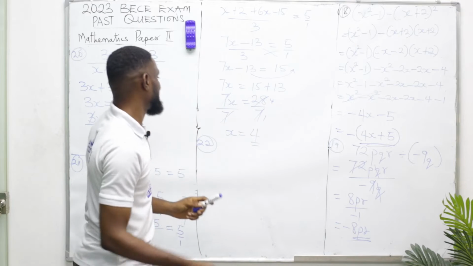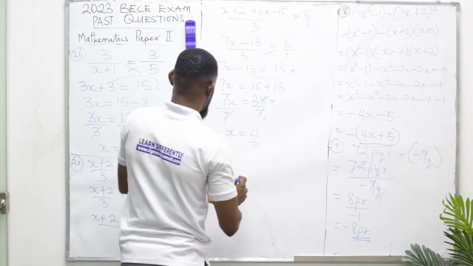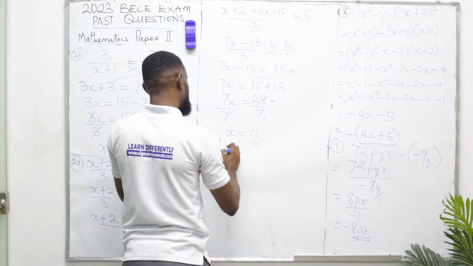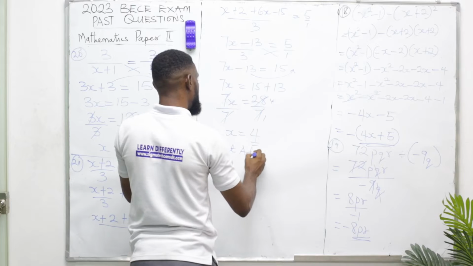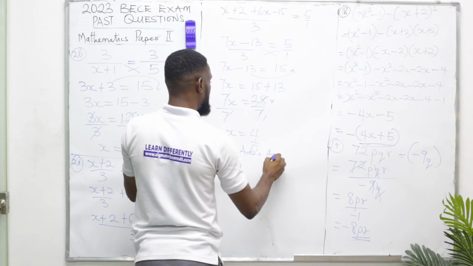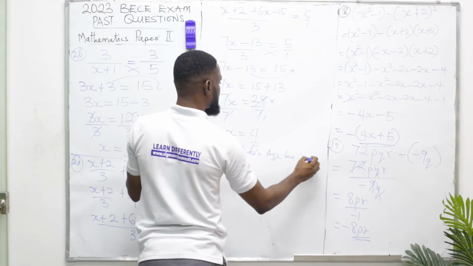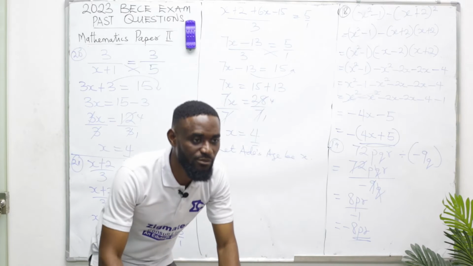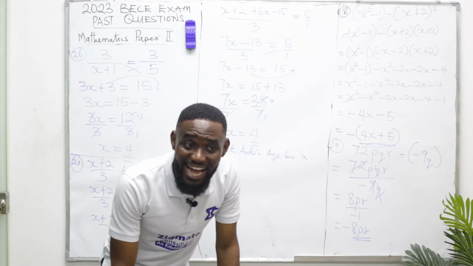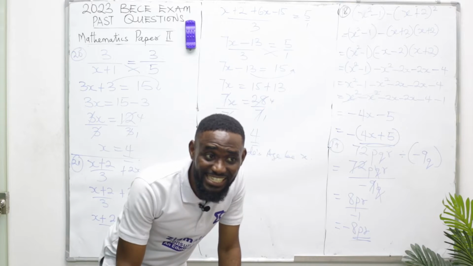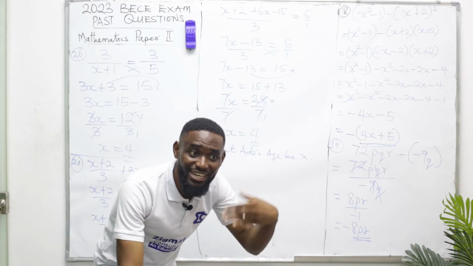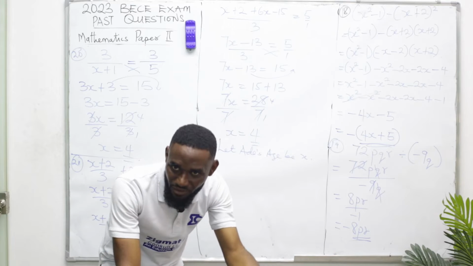So let Ade's age be maybe X, since we have W already. Let Ade's age be X. All right. So the first statement says Ade's age is 56 years more than his son.